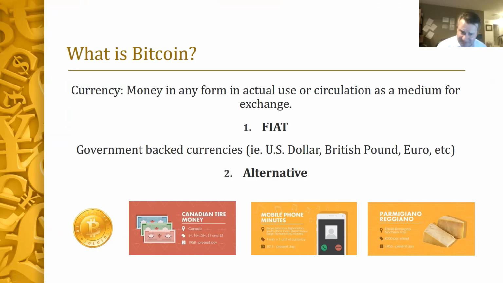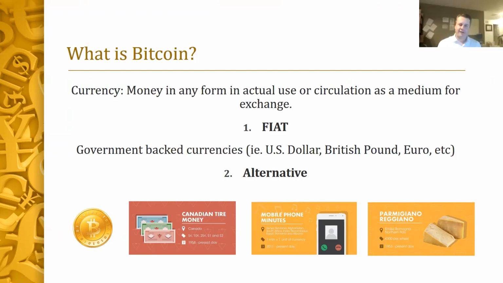Anyway, and then we go into alternative currencies, which is where Bitcoin falls. Interestingly enough, when you look up alternative currencies, there are a number of currencies out there, and I found it interesting in the research. There was a currency called Canadian Tire Money. I don't know if Andy and Leanne, if you guys have ever heard of this, but it was a company that started distributing this money, and to this day, there are groups and companies that will utilize it as payment for services.